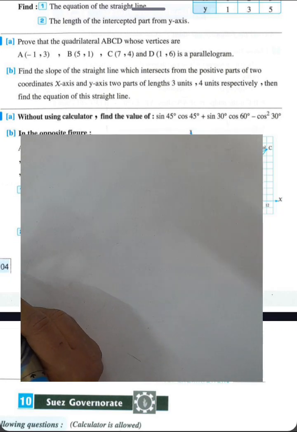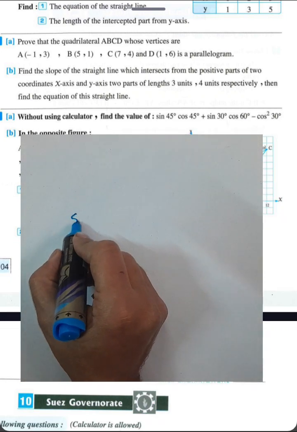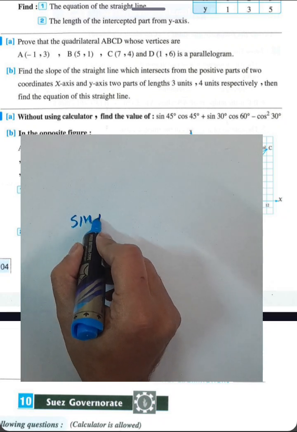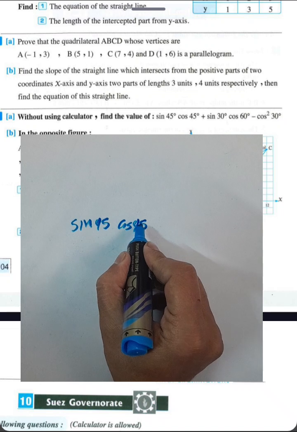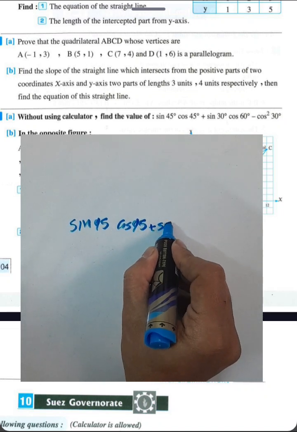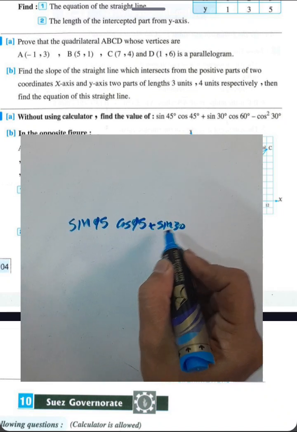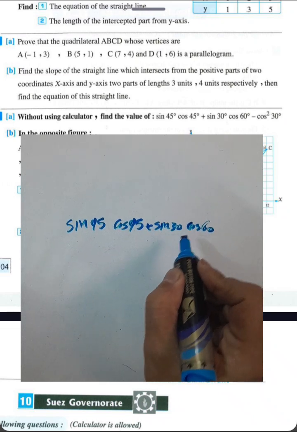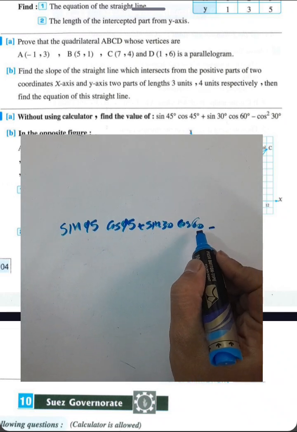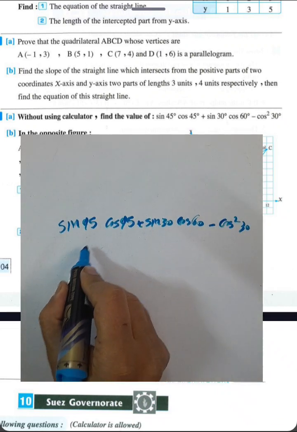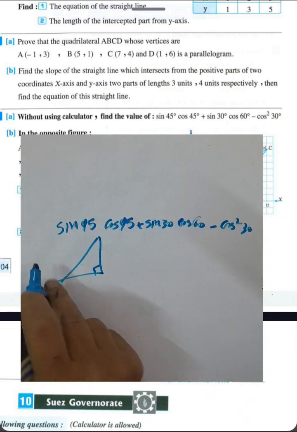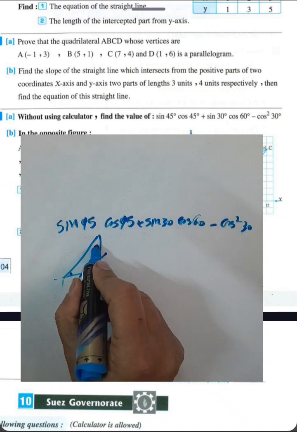Question letter E, without using a calculator, find the value of sine 45 cosine 45 plus sine 30 cosine 60 minus cosine squared 30. We can draw a right angle triangle here, isosceles, 45 and 45, sides 1 and 1.